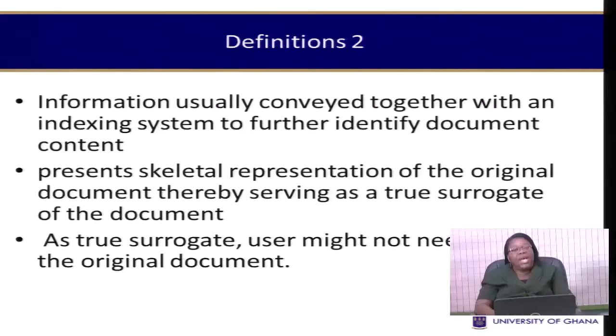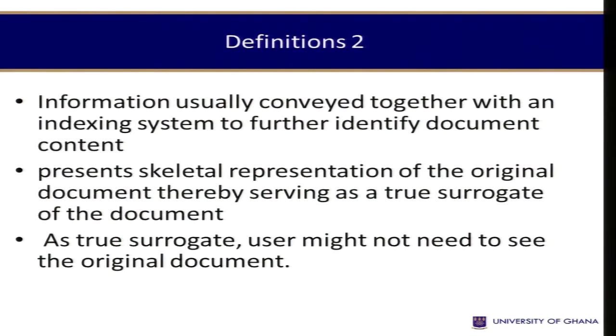In abstracts, the information is usually conveyed together with an indexing system, and that is why we treat indexes and abstracts together. The index provides you with the bibliographic information or the bibliographic citation plus the page references. And the abstract gives you a summary of the particular article which you have listed.